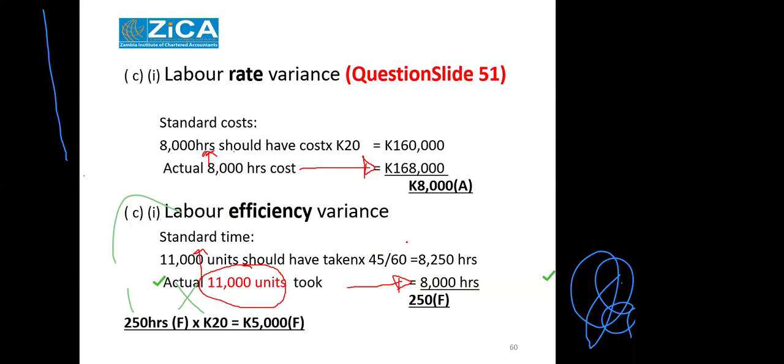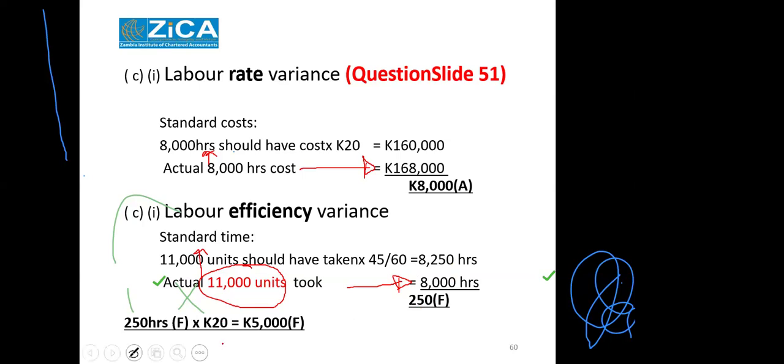Converting 45 minutes to hours by dividing by 60, you get 8,250 hours. So you end up with 250 hours favorable because you took less time. You should have taken 8,250 but took only 8,000 hours. So you're efficient by 250 hours.